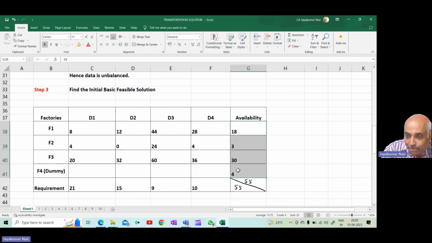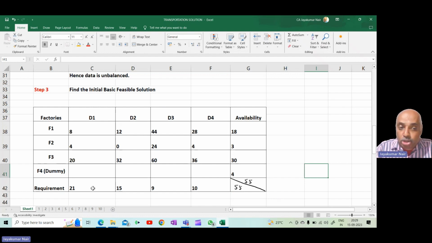Now total availability is 55 and total requirement is 55, so it becomes a balanced data. Now, what do you do for the cost? Because this is a dummy factory, there is no actual transportation taking place, so the cost will be taken as 0. Okay, now it is a balanced data.